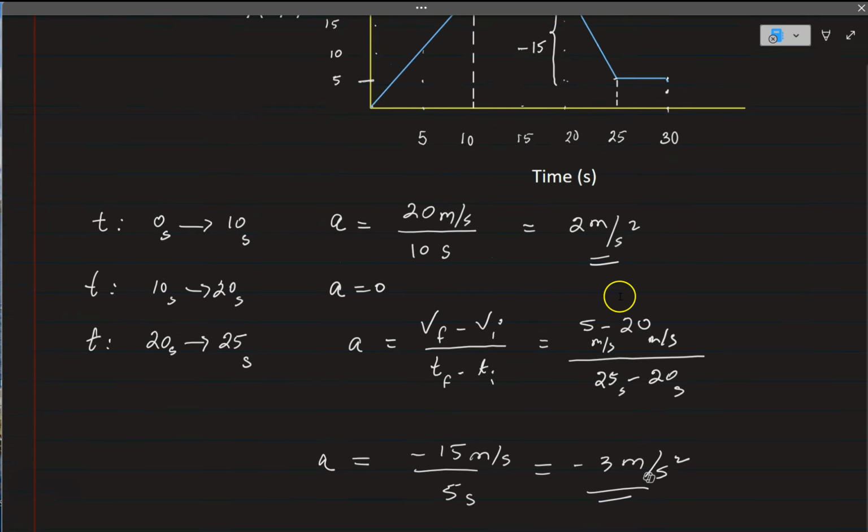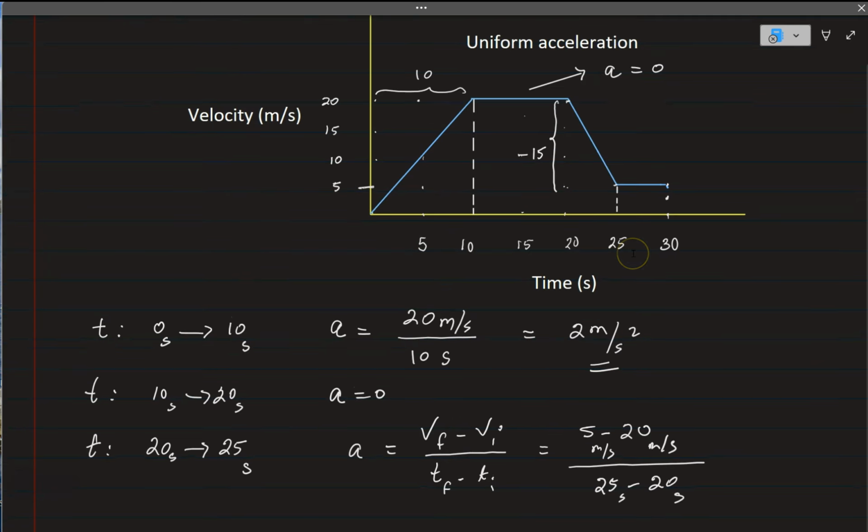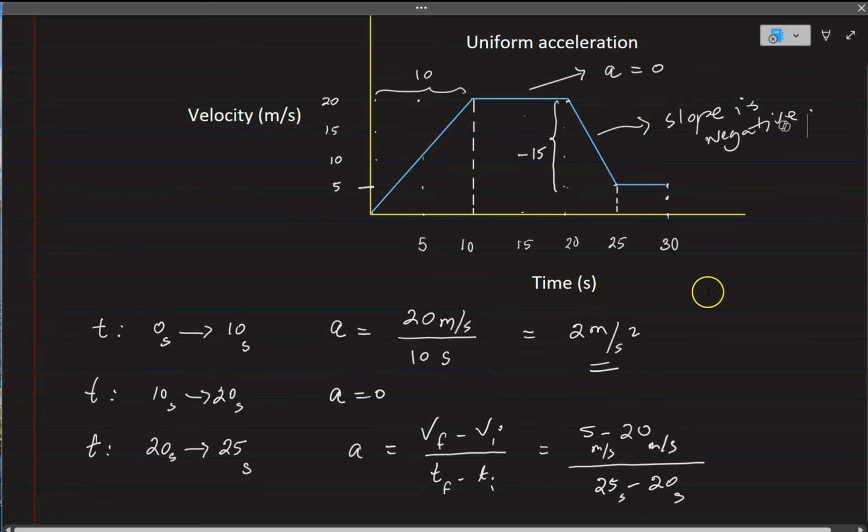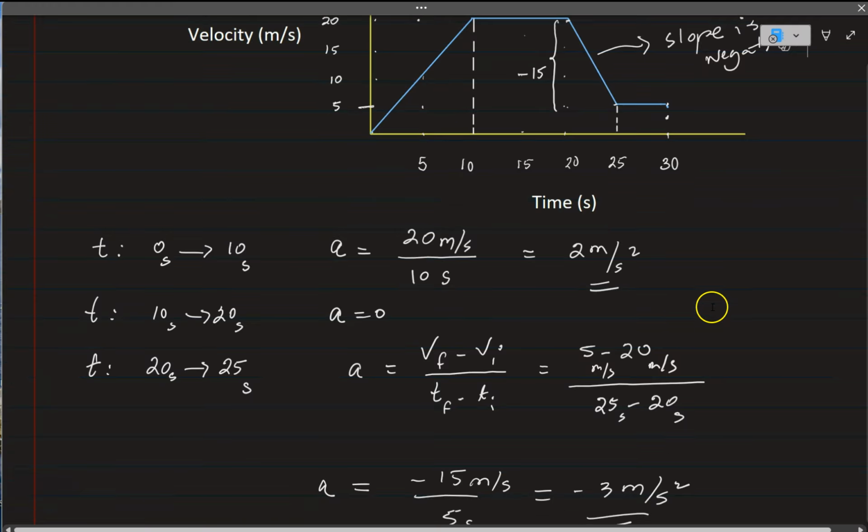Excellent. And then you notice that the slope of this line is negative. Okay, that means direction has changed. That's what it means, right? So negative 3 meters per second squared.